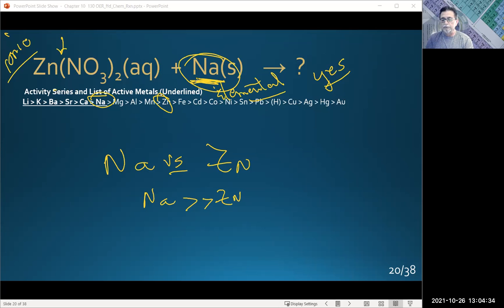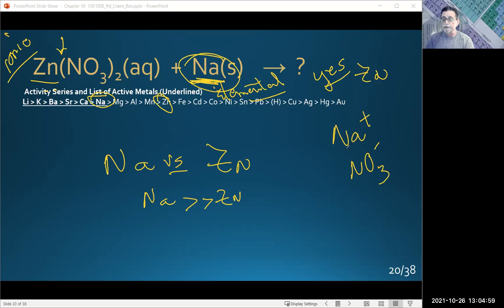And we just simply exchange places with respect to the metals. Zinc would then go into the elemental form, okay? And then sodium will replace the position of where zinc was, but before you put them together, you write them in ionic form first so you can put them together in the correct number, in the correct ratio.